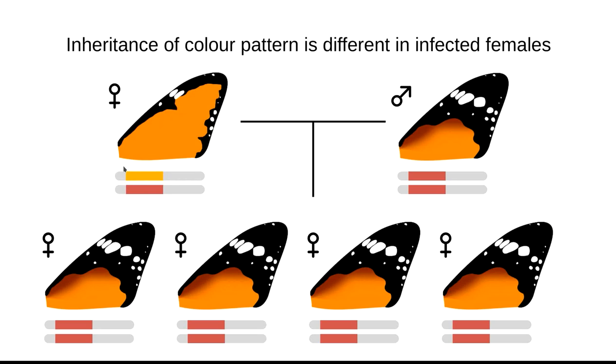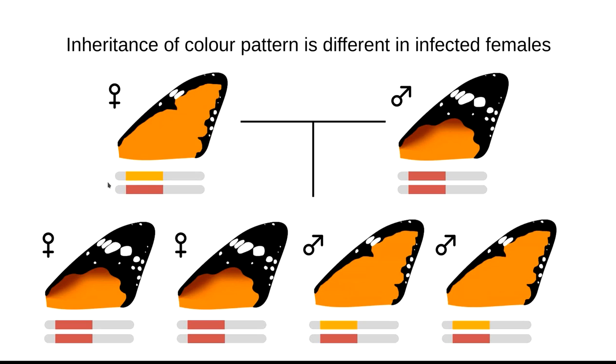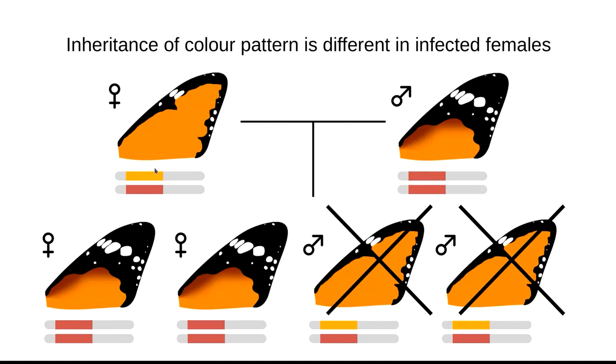But what they realized is that, of course, it hasn't gone extinct. It was probably inherited by those dead sons. And it's a specific half. It's a half that carries this dominant color pattern allele. So how is this possible?